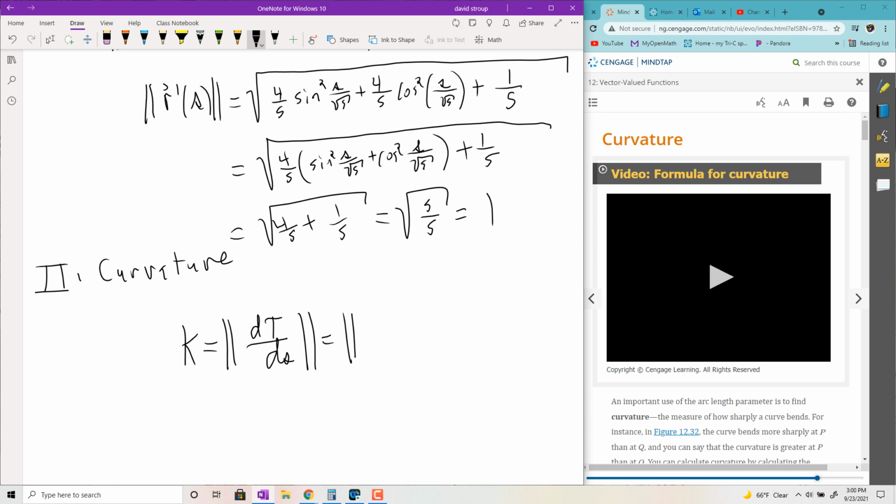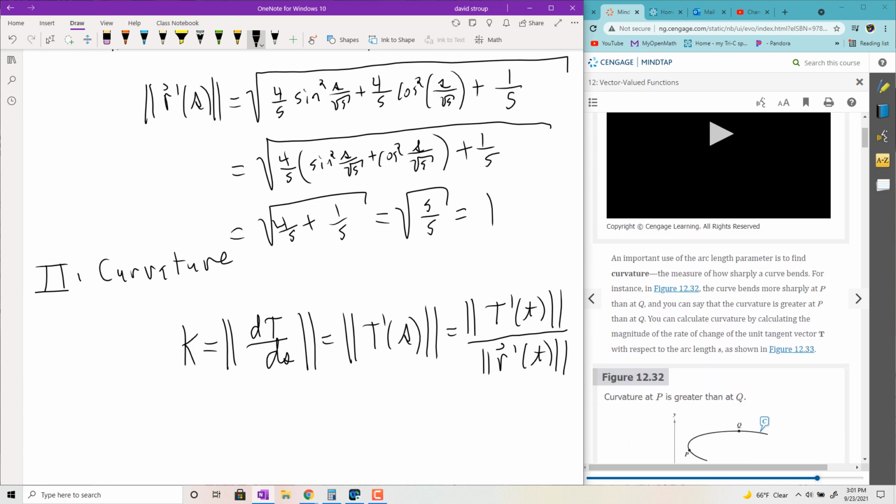We could rewrite that as just T prime of s if you have it in terms of the arc length parameter. If not, you may have a lot of work to do in finding basically the magnitude of the derivative of the unit tangent vector divided by the magnitude of the derivative of the position vector, and they get worse and worse. There's more and more of these formulas.